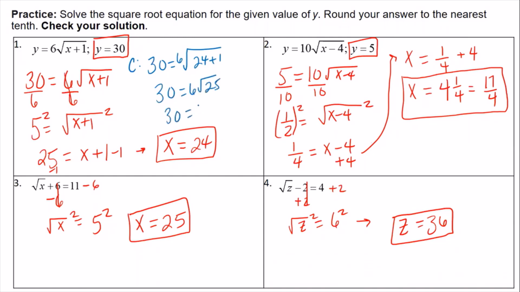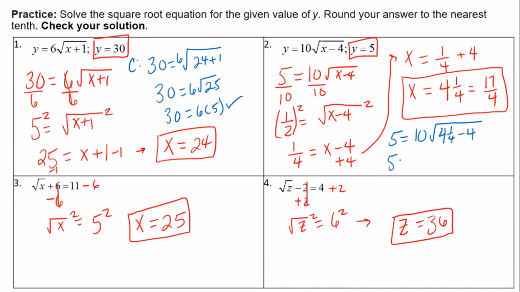So 30 equals 6 times 5. Is that a true statement? Why yes, it is. Here we have 4 1/4 or 17/4, however you choose to write it. We're going to plug that in. So we have 5 equals 10 times the square root of 4 and 1/4 minus 4.